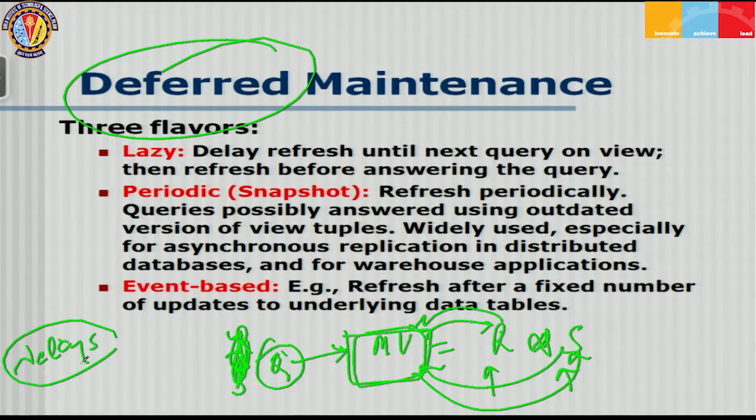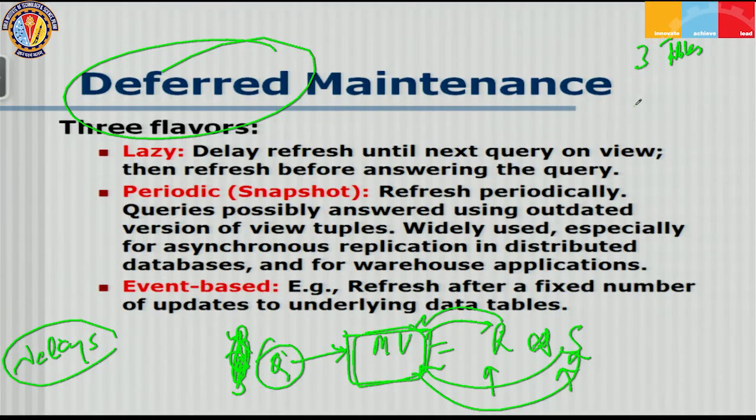And then the third is event based. So refresh after a fixed number of updates to the underlying table. Here I'm saying that if there is just one update to R and one update to S, I'll not worry. Suppose there are three tables which are used to define a materialized view.